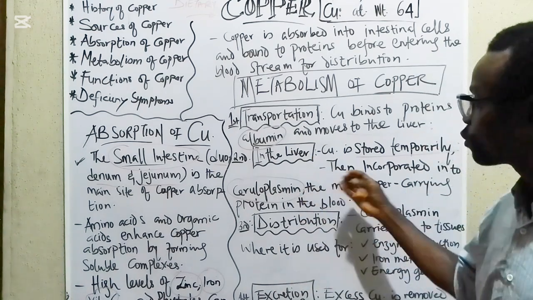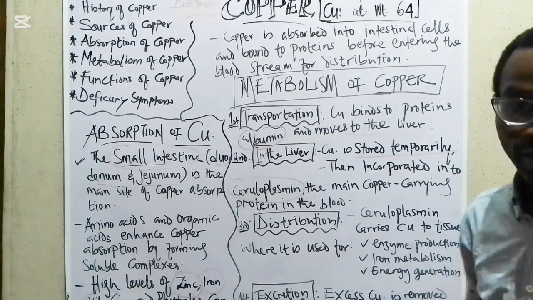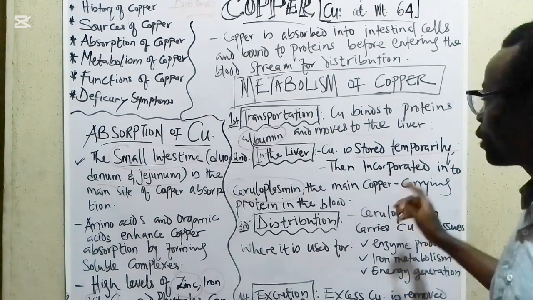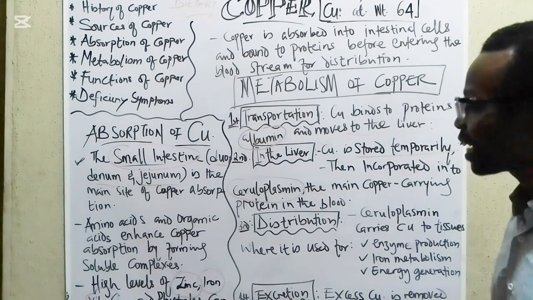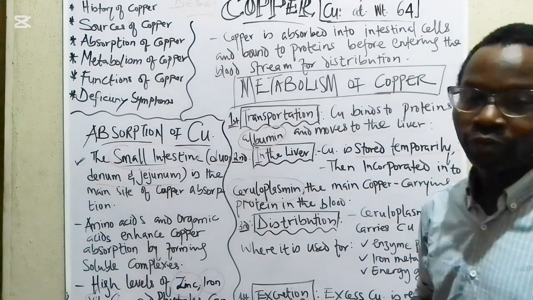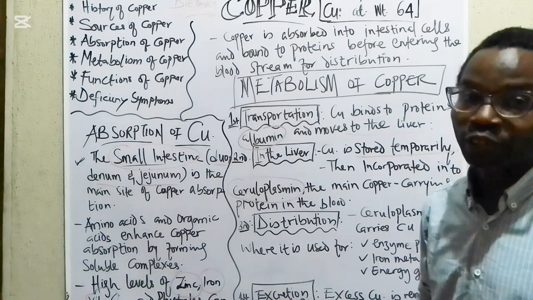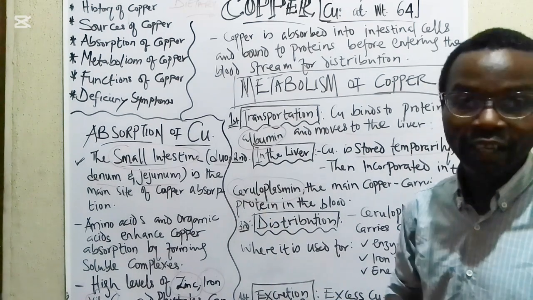So the liver stores the copper temporarily, and then it is incorporated into what? Ceruloplasmin, which is the main copper carrying protein. Though albumin may carry for a short time, this is the main copper carrying protein.